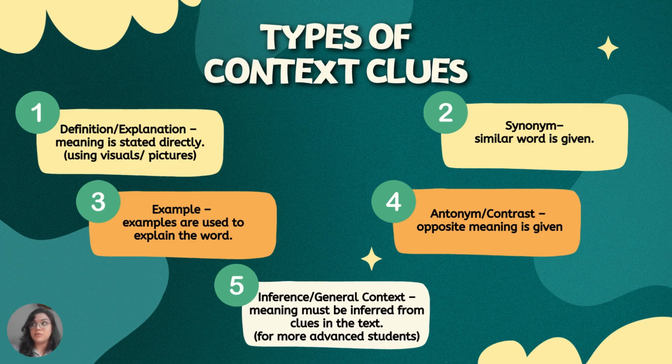Like if we're going to talk about the fat cat on the wall, by fat, you can have something related. You can have a synonym of the word fat, or you can have an antonym. You can say skinny, and maybe they know the word skinny, and the word skinny can contrast exactly what you were meaning with the fat cat. That is an example. And the last one, inference or general context. Now, this is for advanced students, as I was mentioning, but it's something that you can also use.